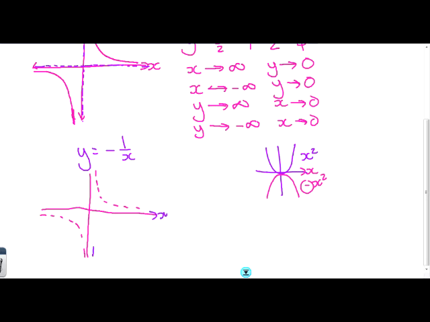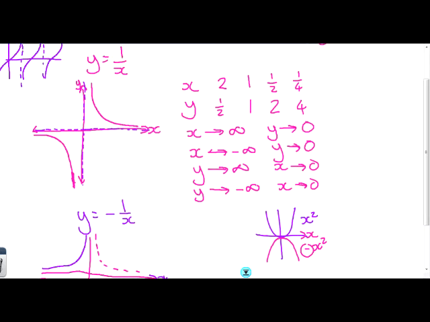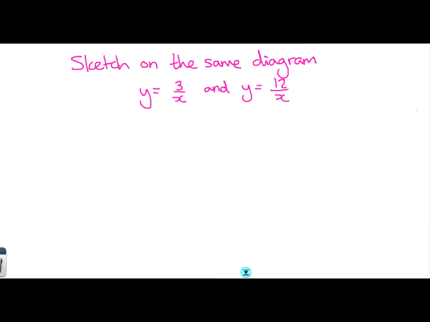So this one is now going to be there, and this one is going to be there. Okay, so it's very important actually, and probably very easy to remember what that one and this one looks like. It will help you massively with these questions.